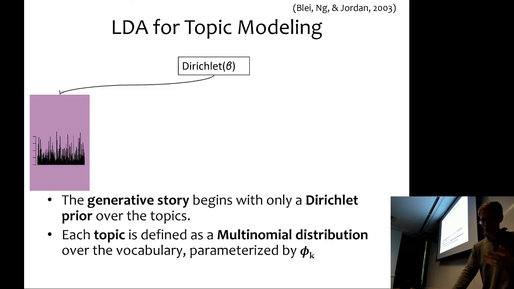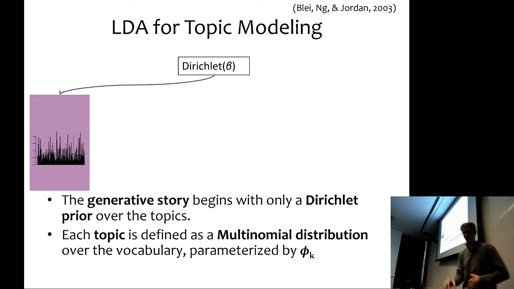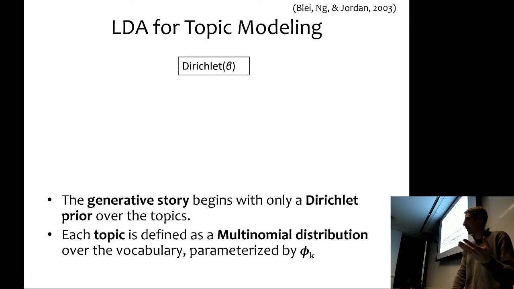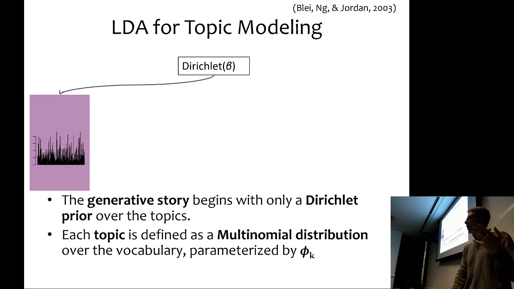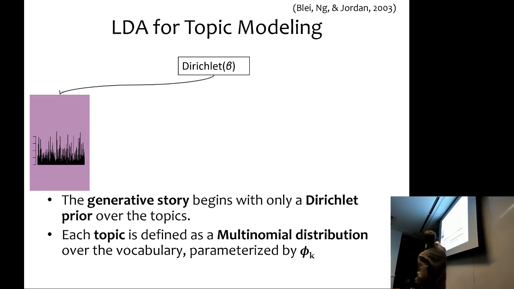Okay, so here's how this could work. The generative story is going to begin with only a Dirichlet prior over the actual topics. And each topic is defined as a multinomial distribution over the vocabulary. Okay, so here's our Dirichlet prior. And now I sample one multinomial distribution. You could think of each bar here as corresponding to one of the words in your vocabulary.